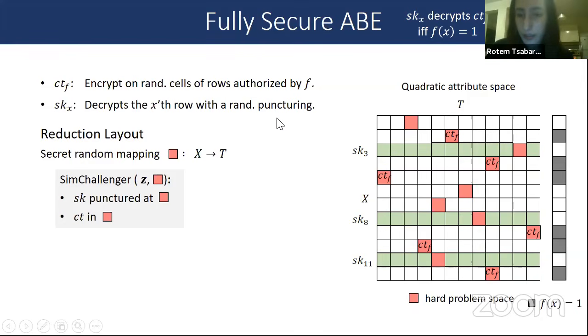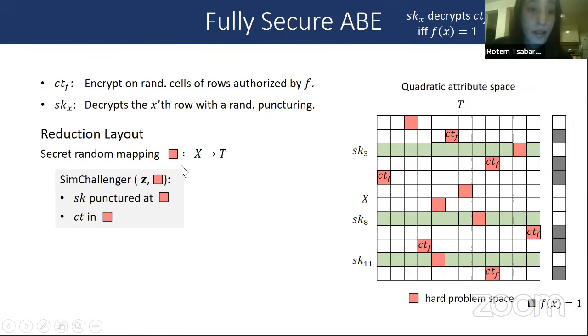So again, this is not efficient, but if we use this approach, then we can apply exactly the same security reduction idea. We will use a random mapping only in the simulation. We can use a PRF.